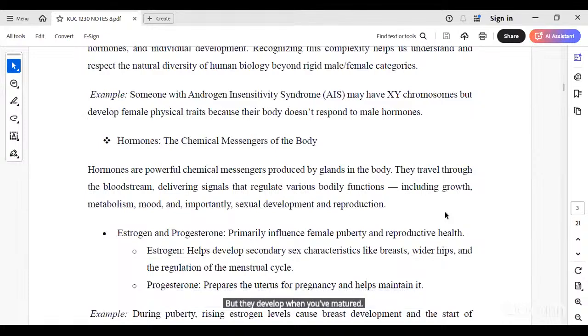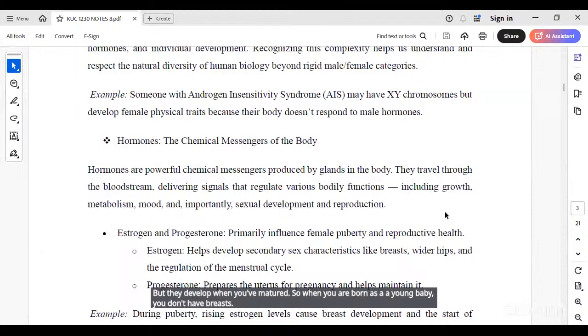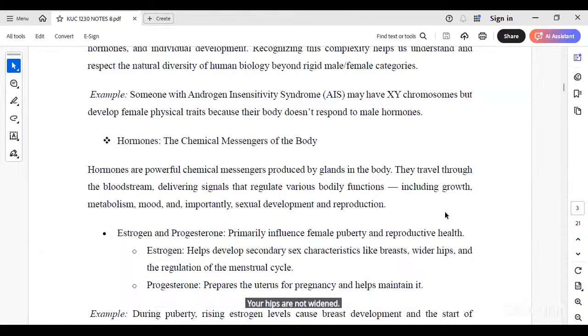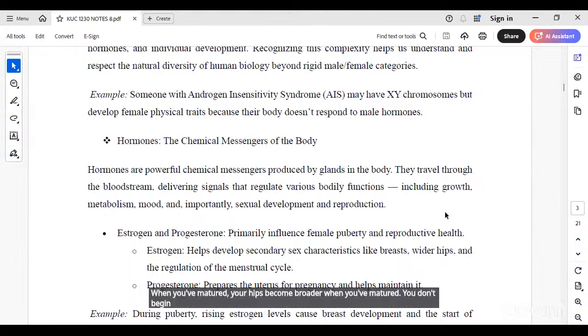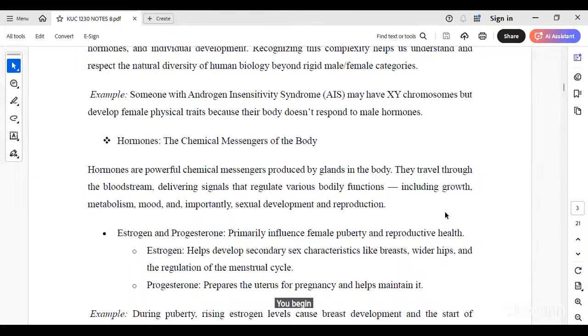So when you are born as a young baby, you don't have breasts. Your hips are not widened, okay? But you develop breasts when you've matured. Your hips become broader when you've matured. You don't begin menstruating early. You begin menstruating upon attaining reproductive maturity.